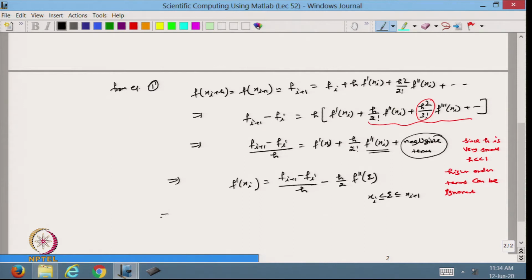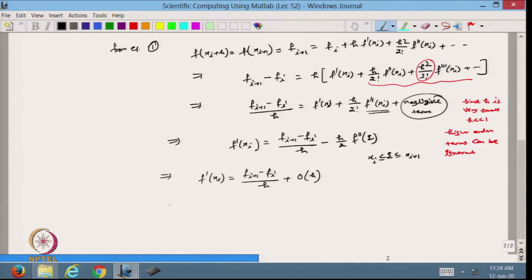So from here I can say that the derivative of the function at xi is equal to f i plus 1 minus f i by h, plus the error term which is of order h. This is the same as we have done for the forward operator. So I am taking the value of the function at i plus 1 minus f i divided by h, and I know that the error is of order h.